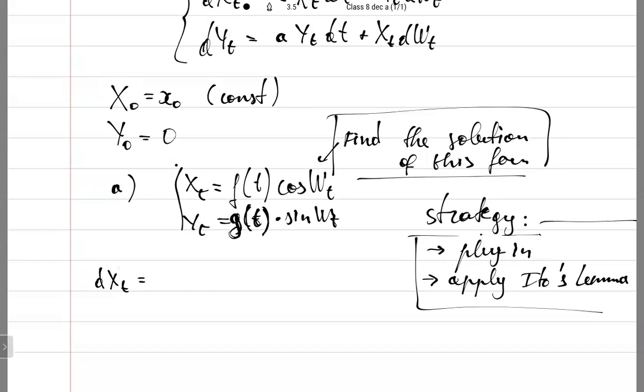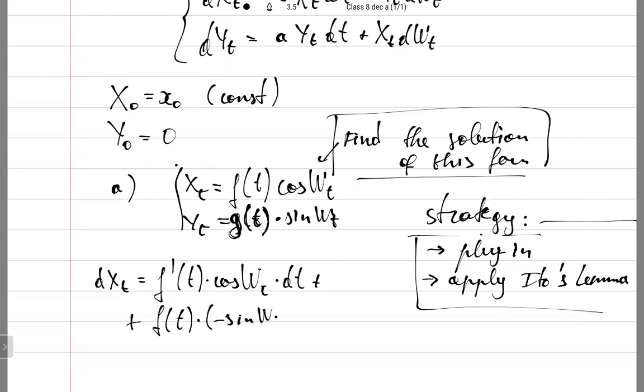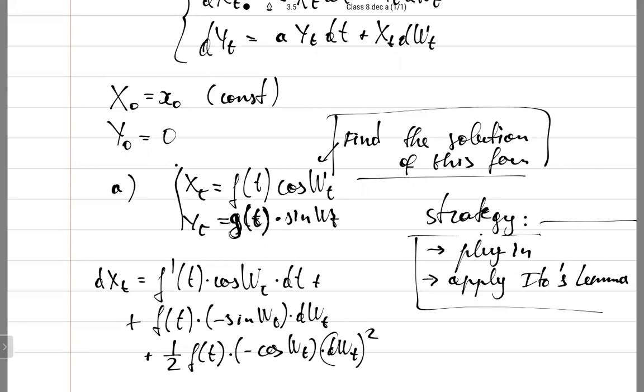It's f prime of t times cosine W_t times dt plus, no, it will be minus f(t) times sine W_t dW_t, because the derivative of cosine is minus sine, plus minus 1/2 f(t) cosine W_t times dW_t squared. Yes, you're right.